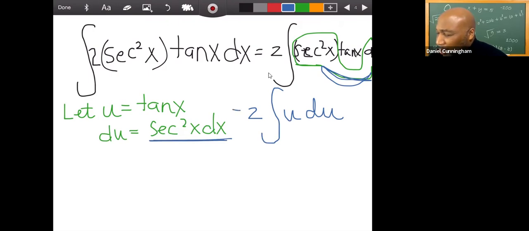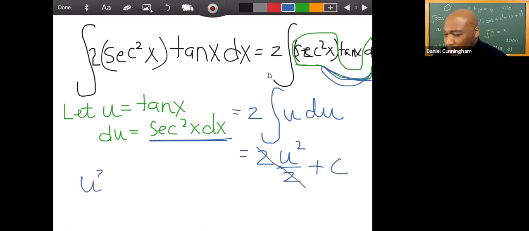Now to do the remaining part of this function, this would be 2 times u squared over 2 plus c. The 2's would cancel. I'm only going to end up with u squared plus c, and therefore my u would be tangent squared of x plus c, and then I circle it like this.